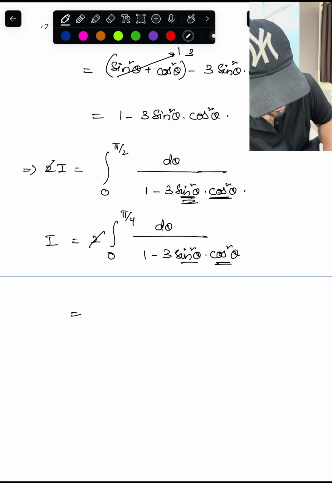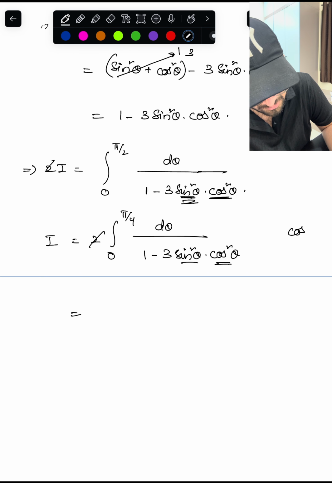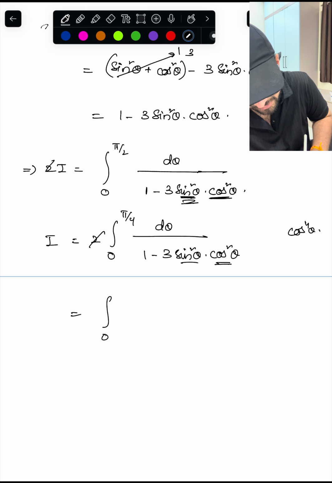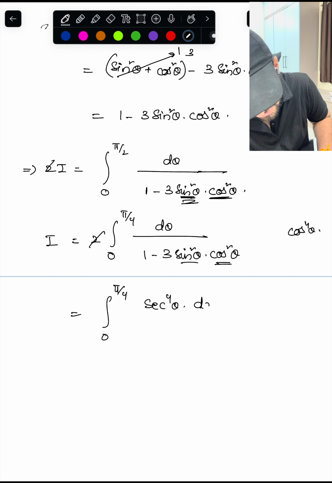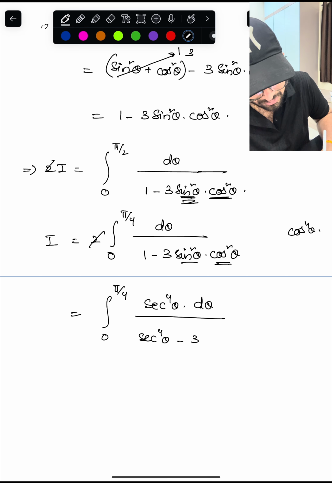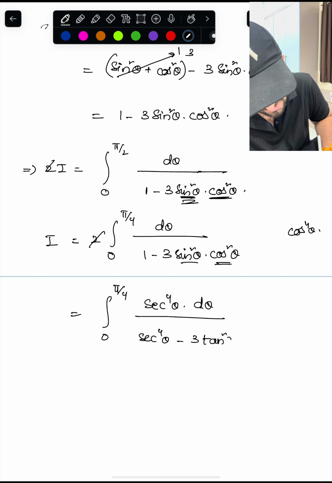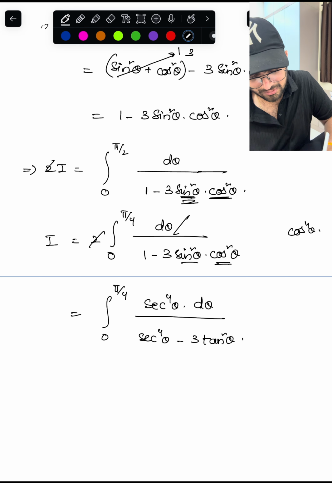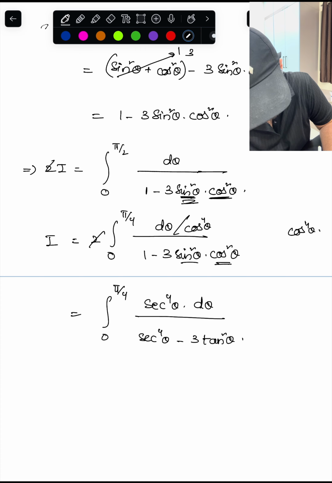So what we can do is divide the numerator and denominator by cos power 4 theta. I will be getting the integral from 0 to pi by 4 of secant power 4 theta d theta by secant power 4 theta minus 3 sine square theta by cos power 4 theta, which means 3 tan square theta.